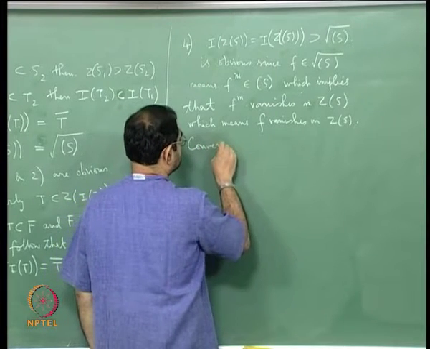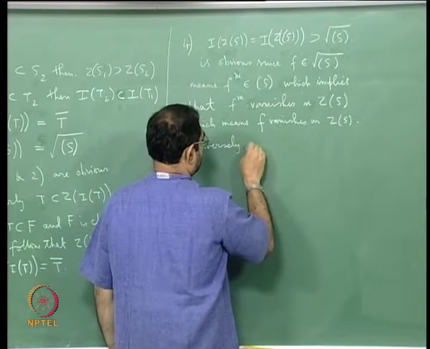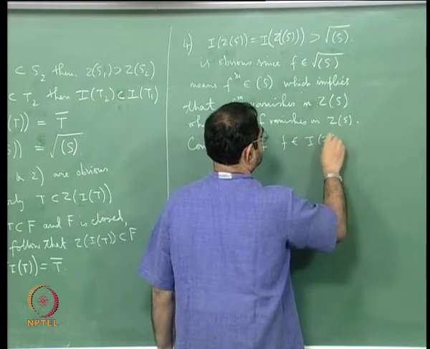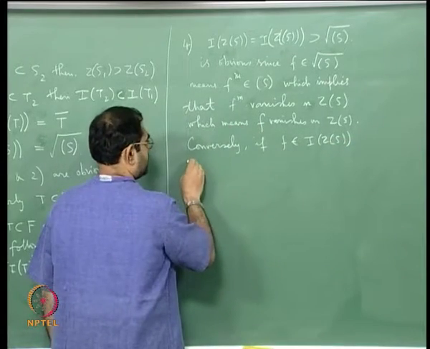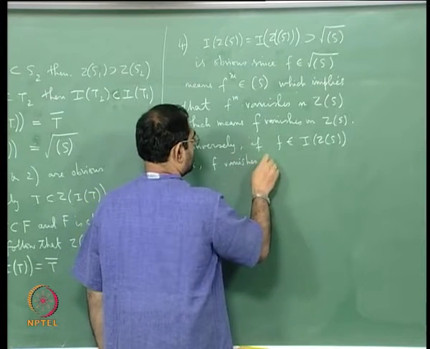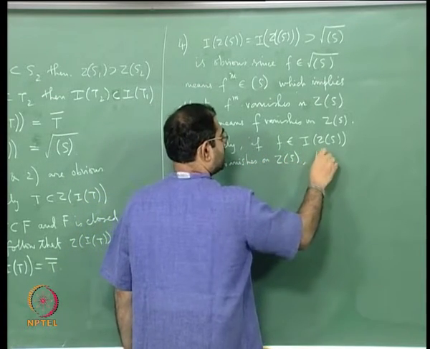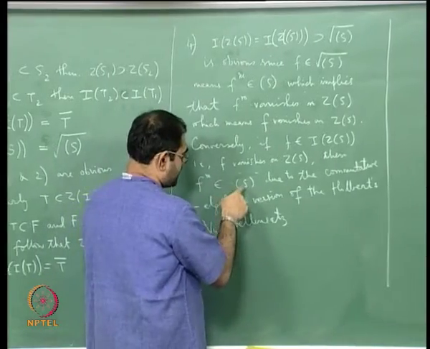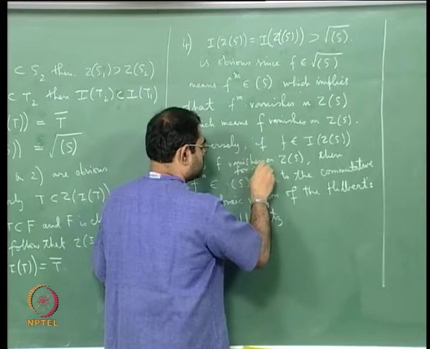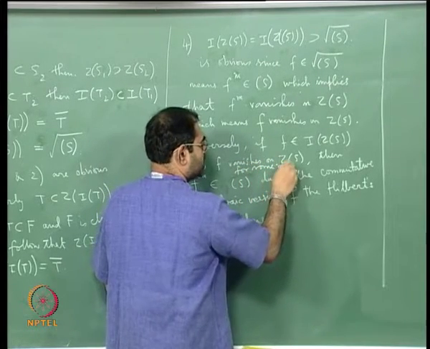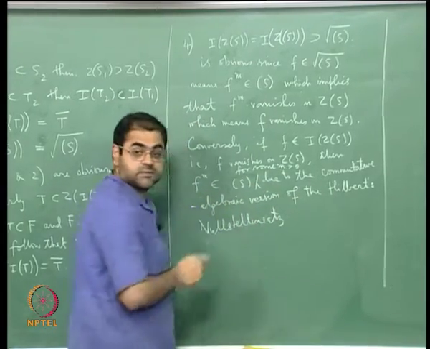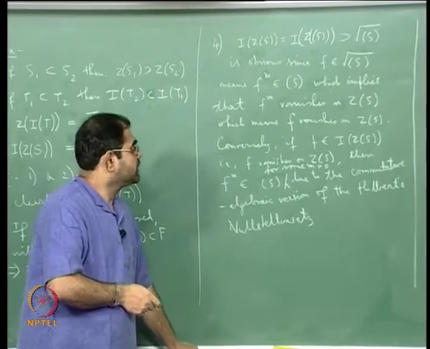Conversely, if f is in I of Z of S, that is f vanishes on Z of S, then f power m belongs to S for some m greater than 0, due to the commutative algebraic version of the Hilbert Nullstellensatz, okay.